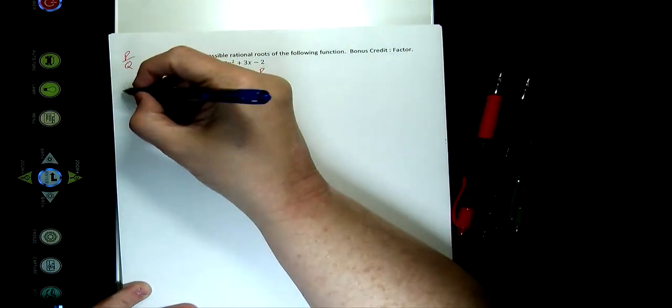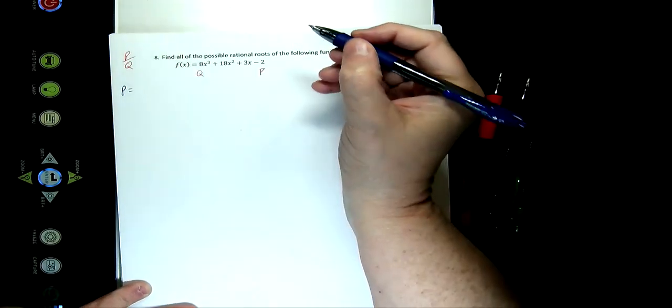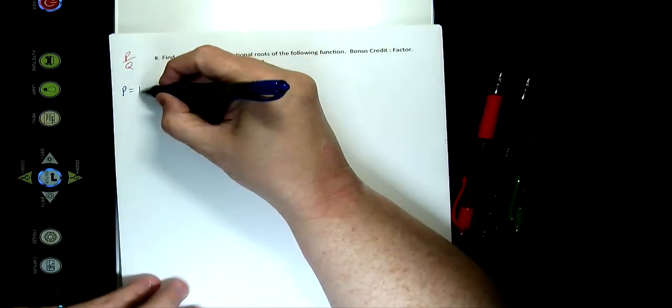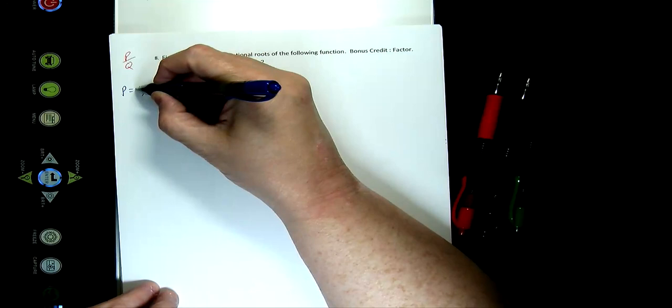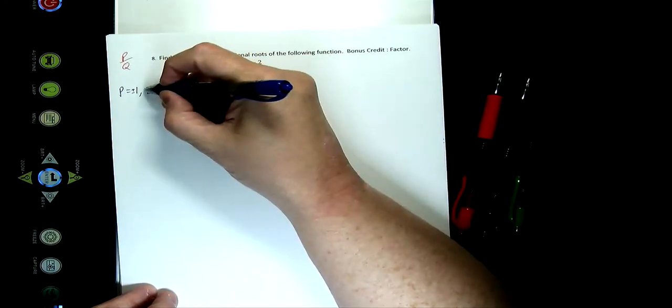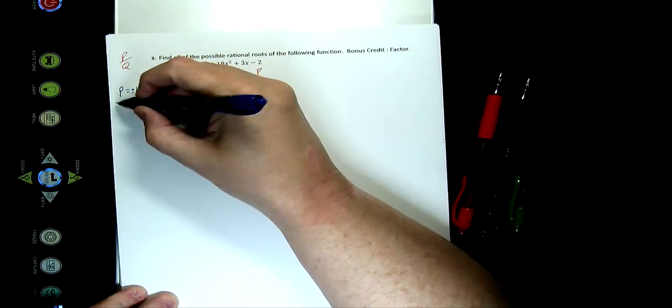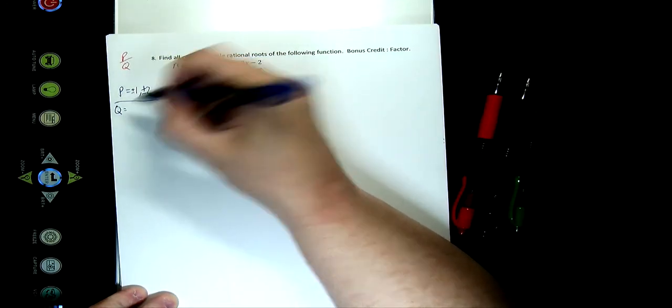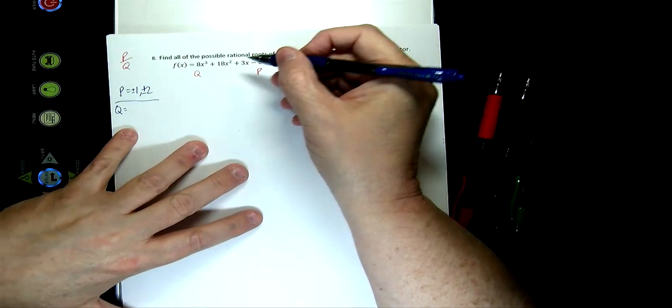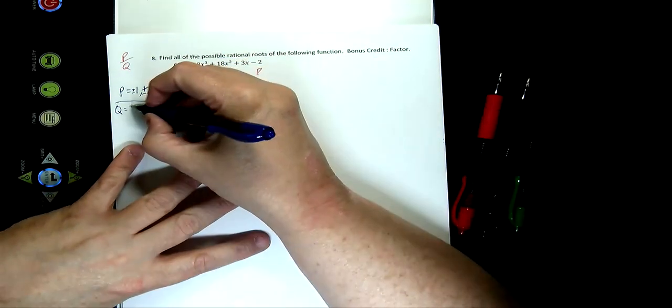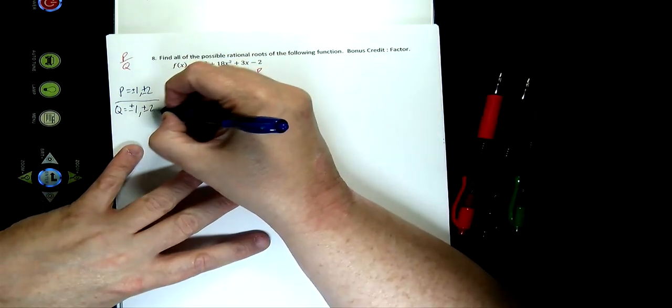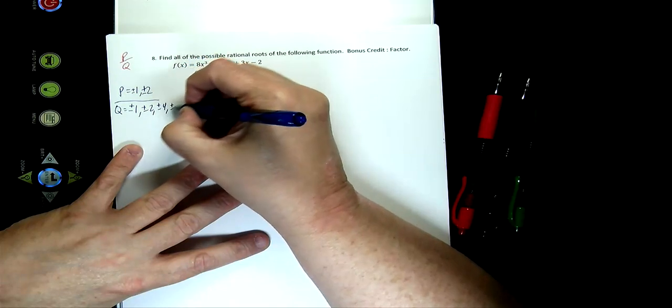What might help is to write the factors of p, which is only 1 and 2. And we can do plus and minus on any of these. And for q, which is 8, I can do 1 and 8 or 2 and 4. 1, 2, 4, 8.